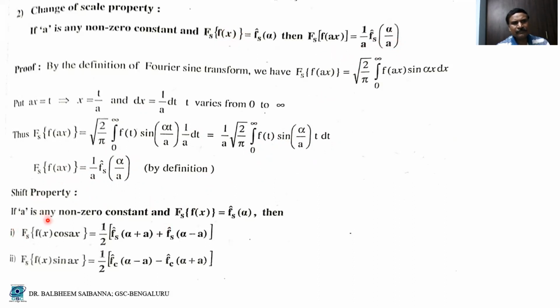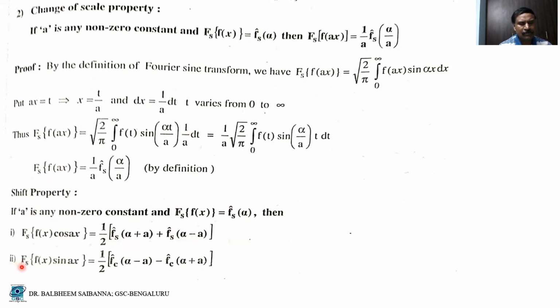Shift property. In the shift property, we have two sub properties. If a is any non-zero constant and Fs of f of x is equal to Fs cap alpha, by the definition of the Fourier sine transformation, then we have to prove that Fs of f of x cos ax is equal to 1 by 2 times Fs cap alpha plus a plus Fs cap alpha minus a.